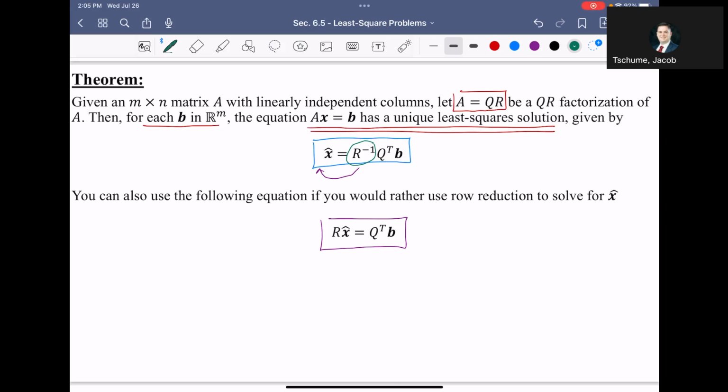And then 4 by 4 and higher, I definitely don't do it. So if R is a bigger matrix, I see most students will prefer to not do the inverse of it and just go straight into row reduction. But you always have that first formula to fall on if you are comfortable finding R inverse. Either way, you've got to find Q transpose B on both of these. So we'll play it by ear when we do these problems.